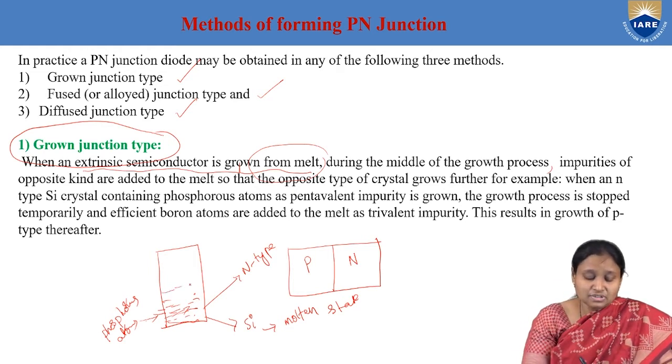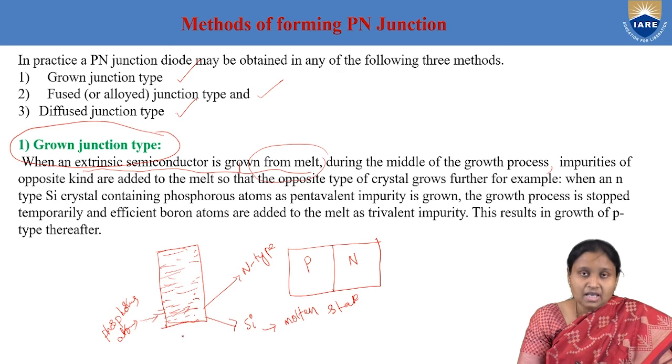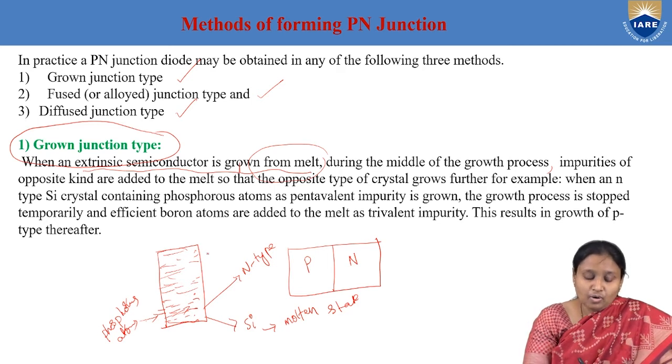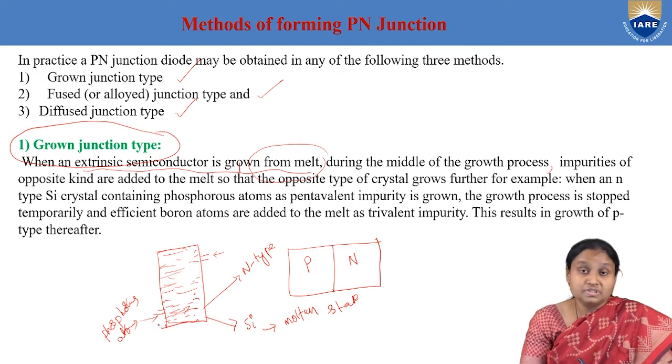Now next, of course, I keep on pouring this molten silicon liquid, and on the top layer, again there will be one opening, and through this opening I'll try to inject the opposite type of impurities. Down we have used which type of impurities? Phosphorus atoms. Now up I'll try to inject trivalent impurities. What are those trivalent impurities?